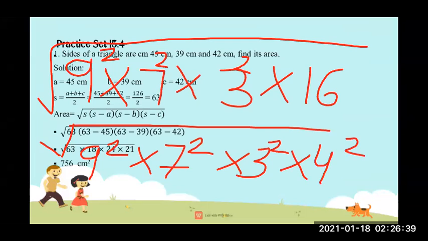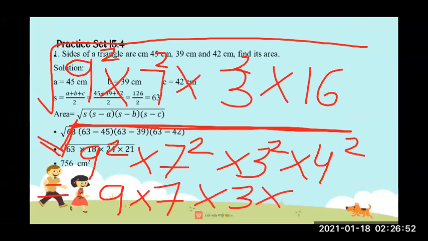Now next, what we have to find? We have to find the area of the triangle. Now this is the square root symbol. If we remove this square root symbol, we will get the answer: 9 into 7 into 3 into 4. The square root and the squares will be removed, and only the numbers will remain, that is 9 into 7 into 3 into 4. Now you have to multiply 9 into 7. 9 sevens are 63.